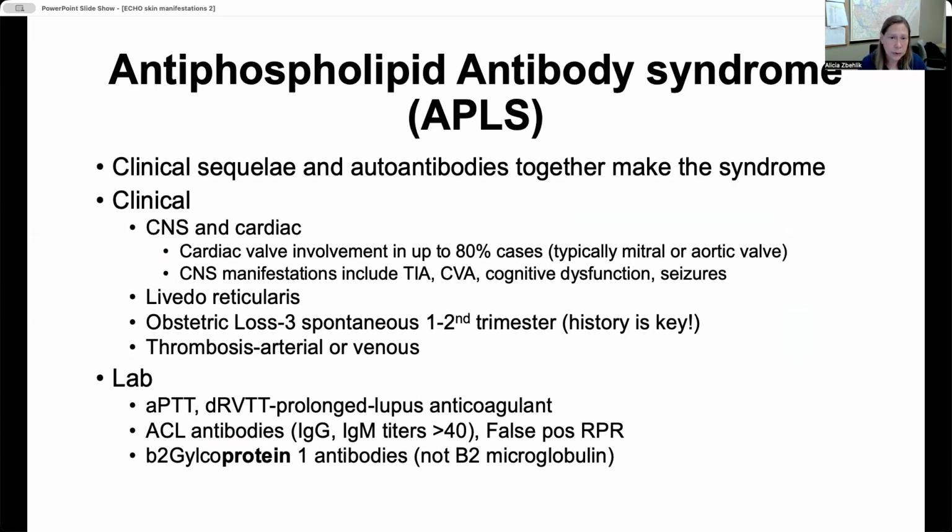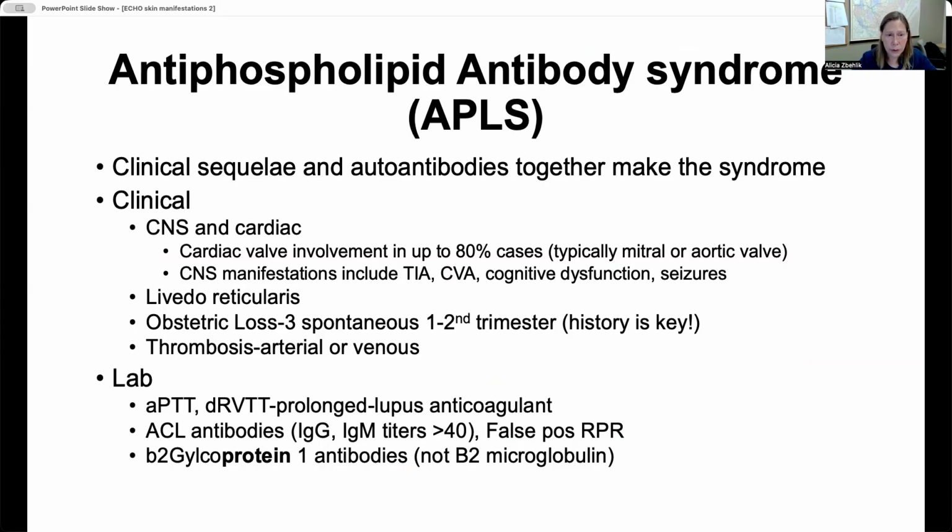And this is just a summary of antiphospholipid antibody, which I don't think we had talked about much in the other ones. You have to have clinical findings as well as the autoantibodies, which you can test. And the antibodies you need to repeat in 8 to 12 weeks from the time of the initial check to confirm that they're persistently positive.